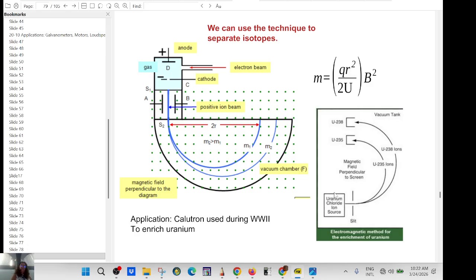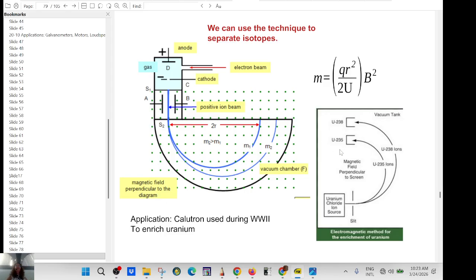So the cyclotron was designed by Ernest Lawrence, and he used that design to enrich uranium. He called that device the calutron, named after Caltech because he was working there. It was during World War II.